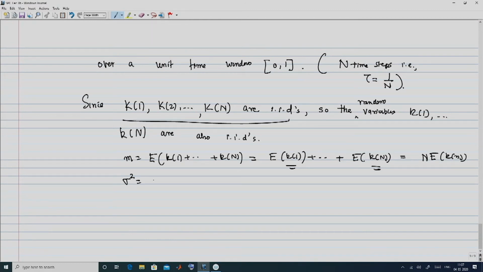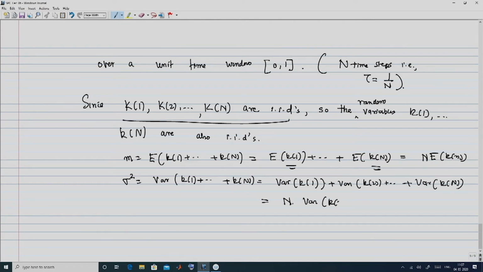Similarly, sigma square is what? It is basically the variance of k1 all the way to k of n, and this is going to be nothing but, since these are independent, the covariance terms will not show up. So, this is simply n into variance of k of n.